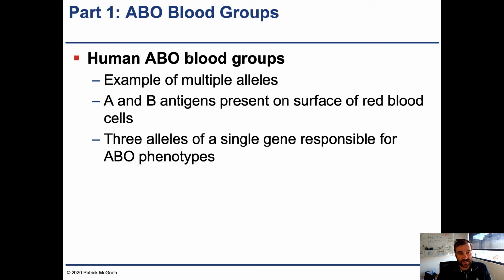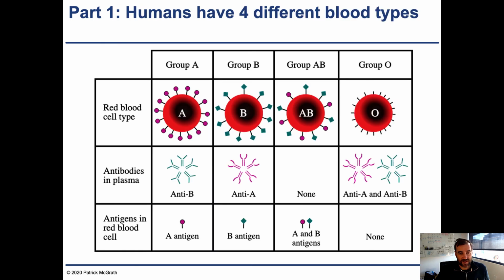When scientists studied the segregation of human blood types, they discovered that there is, again, a single gene, but the gene had 3 different alleles, and that led to the multiple types of phenotypes. So we have 4 different phenotypes, and because of that, we produce different antigens on our red blood cells.